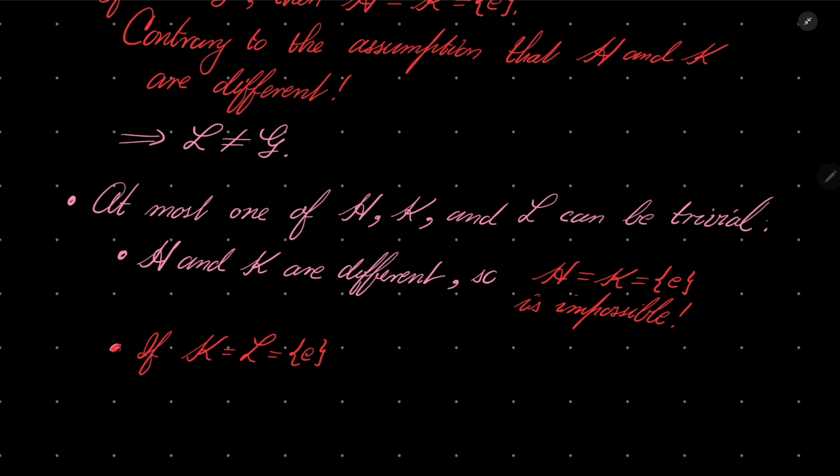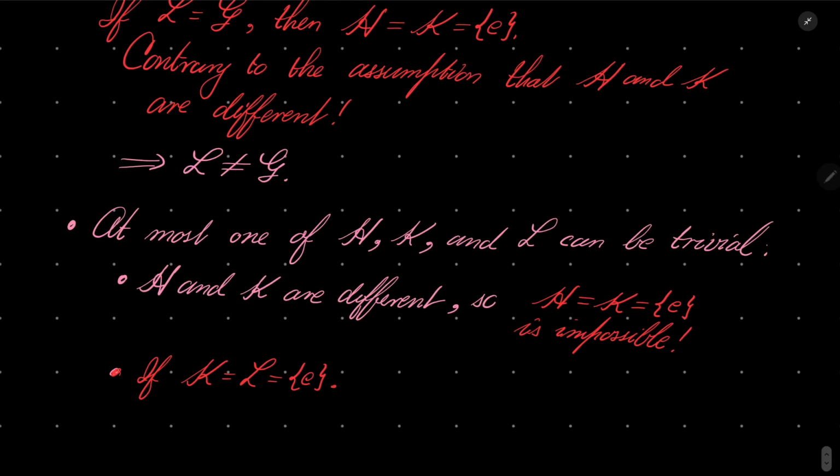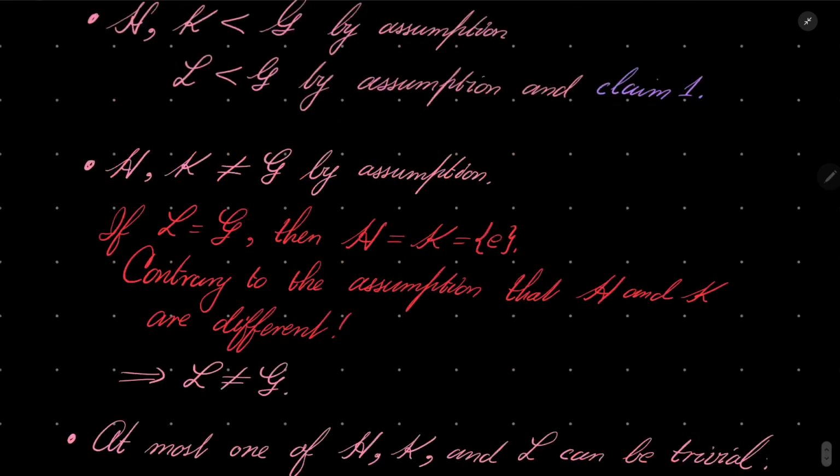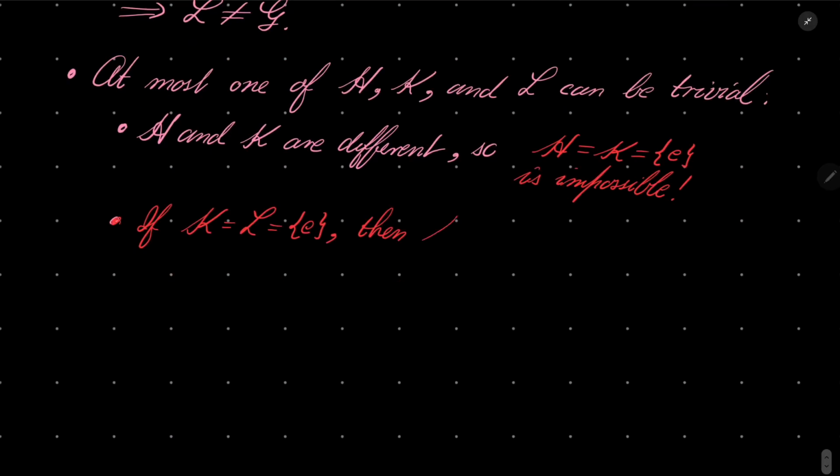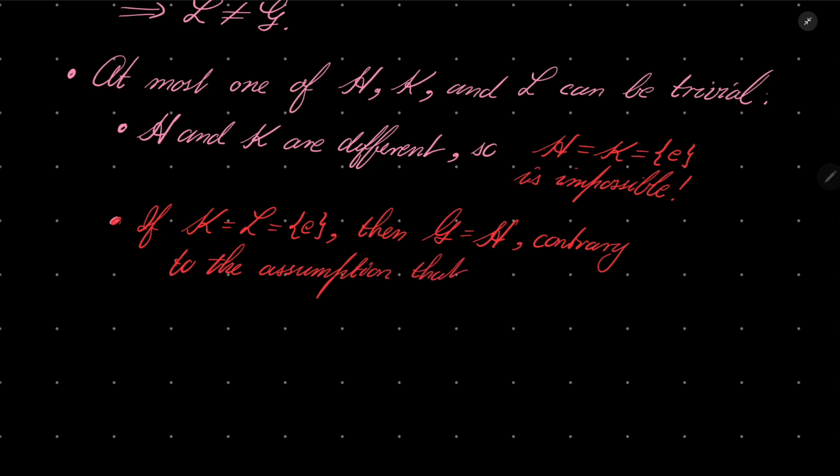If they are both trivial, then looking back at our handy Venn diagram, H must be the entire group G. Contrary to the assumption that H is a proper subgroup. Contrary to the assumption that H is not equal to G.